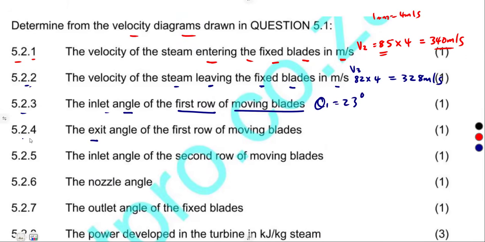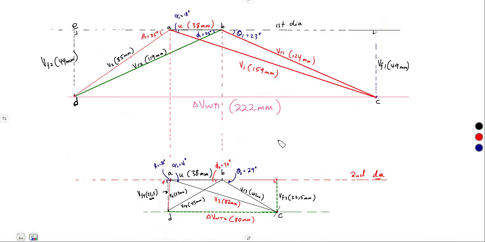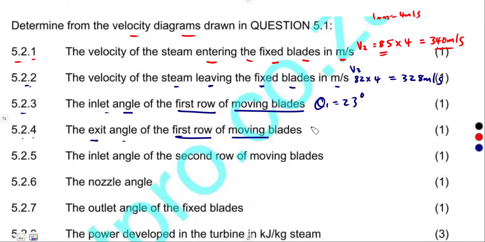Then 5.2.4, the exit angle of the first row of moving blades. You're still on the moving blades of the first row, but the exit is angle phi 1, 25 degrees.